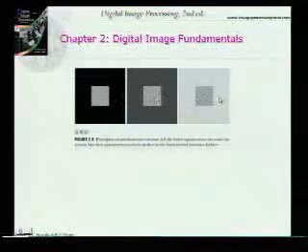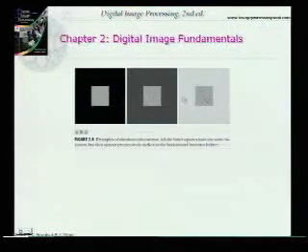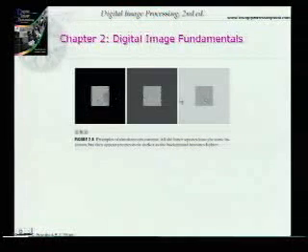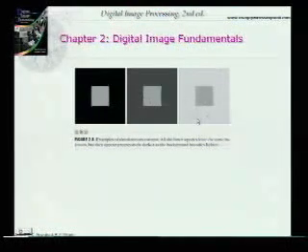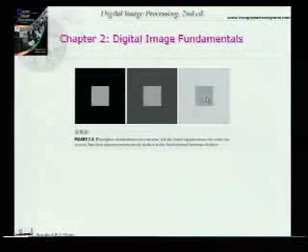At the same time, this one looks a lot darker than this one, simply because this is next to a very dark region, so it looks bright. This square here looks bright, whereas this one, because the surrounding region is much brighter, looks much darker. But in fact, if you were to measure the intensity levels of these, they'll all be the same. So again, it's the games that the human eye plays with you.